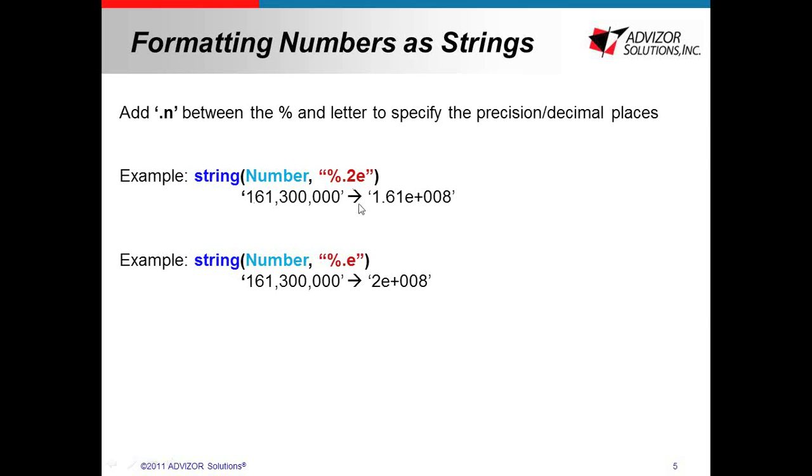So now 161,300,000 will be displayed as 1.61 times 10 to the 8th. And if you just put the period and don't put a number, that means you don't want any decimal places, so it would just be 2 times 10 to the 8th.